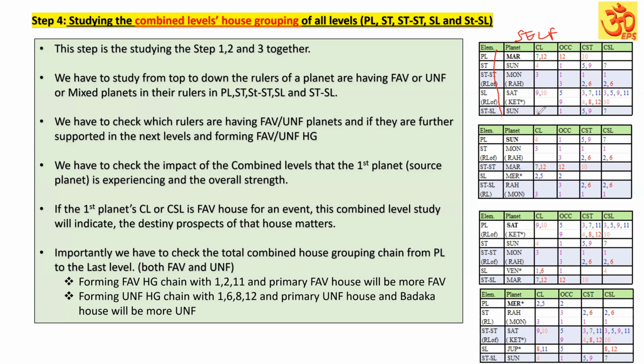In the next part, before analyzing step number 5 and 6: so far we discussed up to step number 3 and 4. Step number 5 is about the supports I was mentioning, and 6 is the combined study of all the levels, including the support planets.